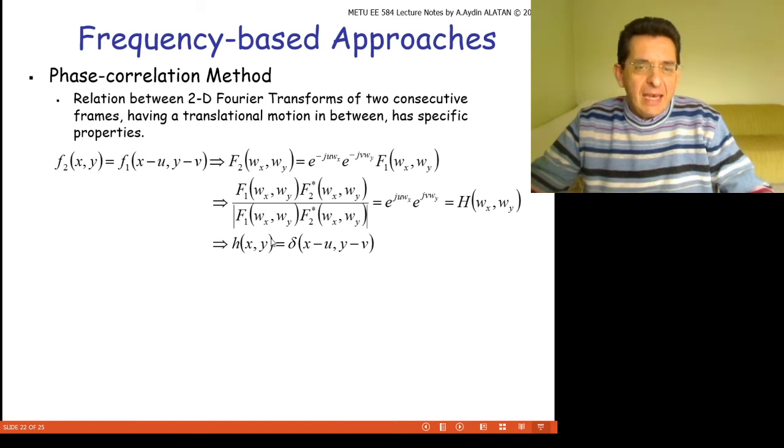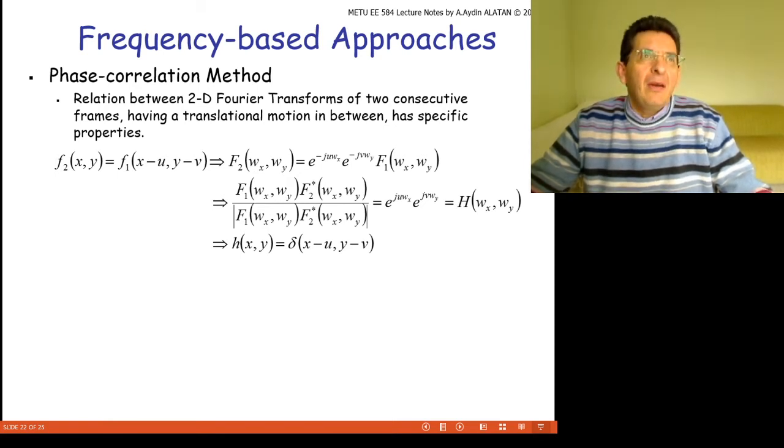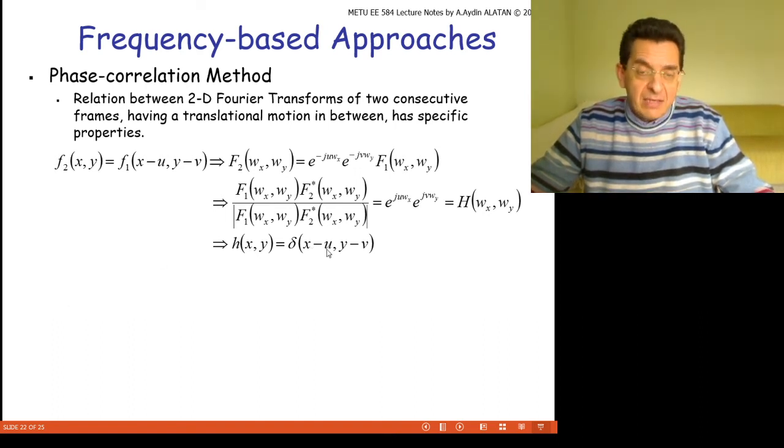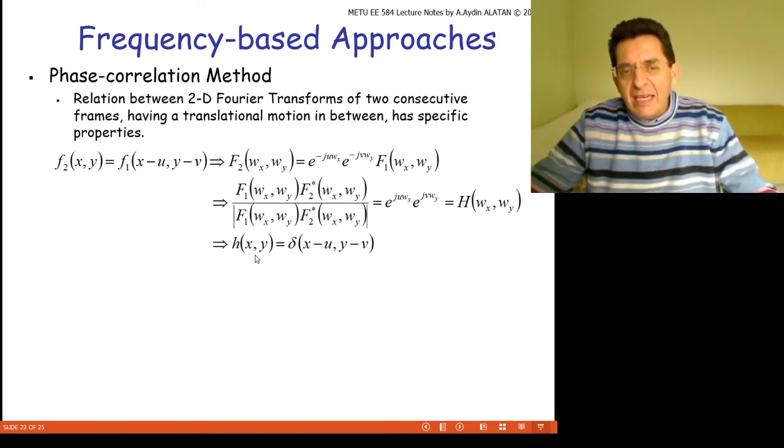Therefore, what we are saying is this. By taking the Fourier transformations of consecutive frames, assuming there is some translational component between those frames, just multiplying one DFT with the conjugate of the other DFT and removing the magnitudes, the phase will consist of nothing but the information about the displaced pixel, the displaced optical flow value u, v, and it will give you an impulse, a strong peak in the XY domain.